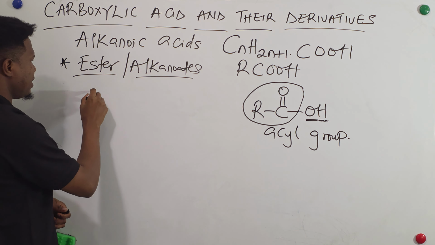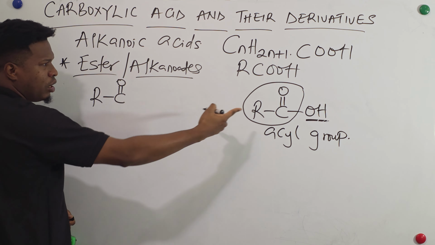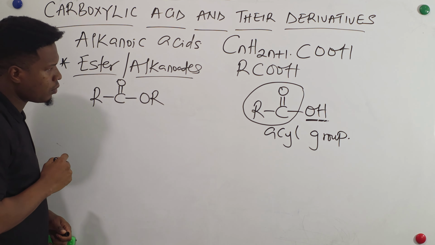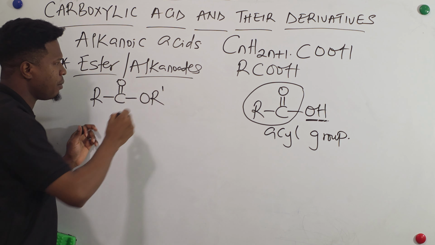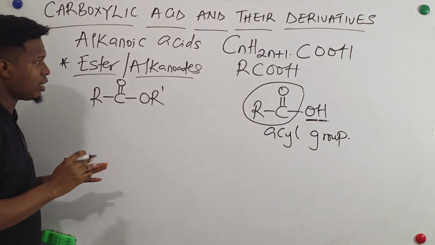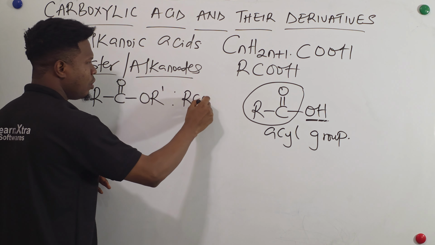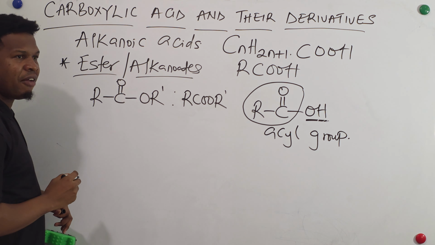So I'm going to repeat this: RC double bond O, remove the OH and replace with OR. These two R must not be the same, so I can use prime to differentiate them. So what you're seeing here is the same thing as RCOOR prime.